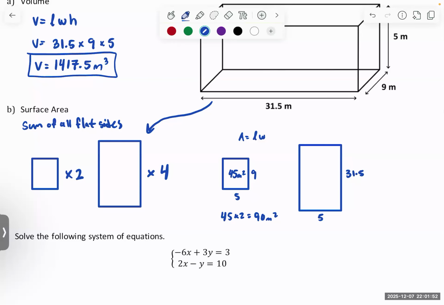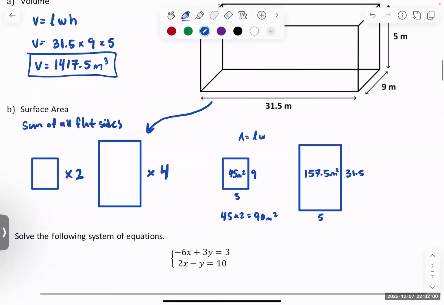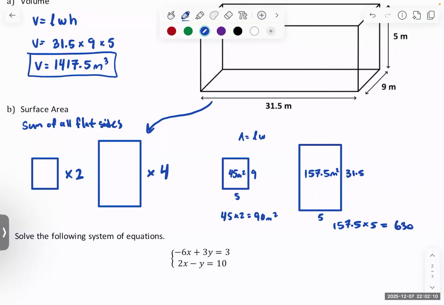And that's going to be 157.5 meters squared. But again, there's 4 of them times 5, which is 630 meters squared. So the full surface area is equal to 90 plus 630, which is 720 meters squared. That's the surface area.